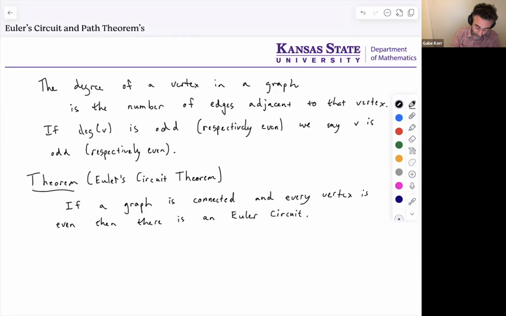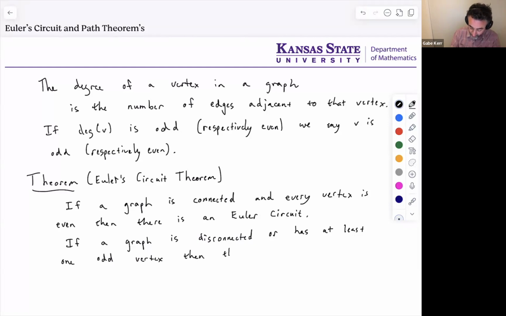On the other hand, if a graph is disconnected or has at least one odd vertex, so not all of them are even, then there is no Euler circuit.